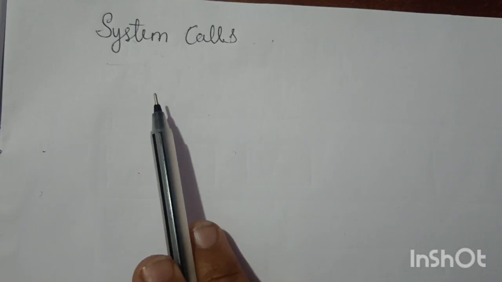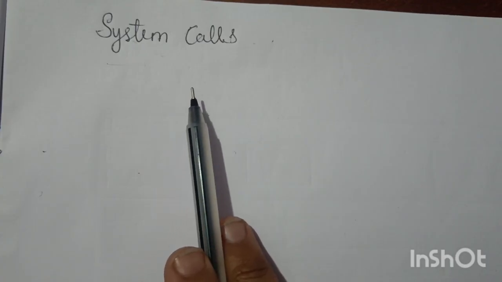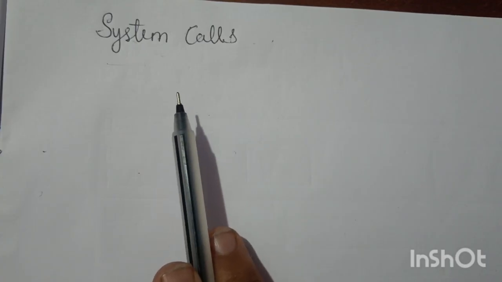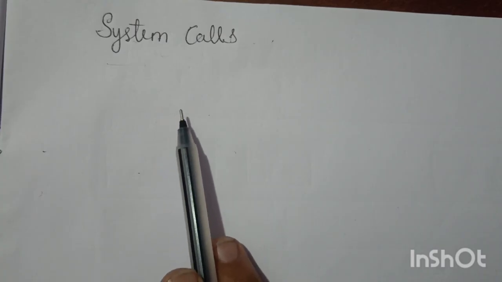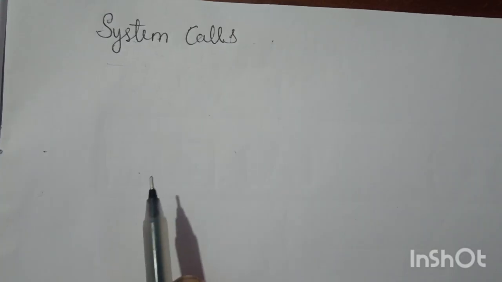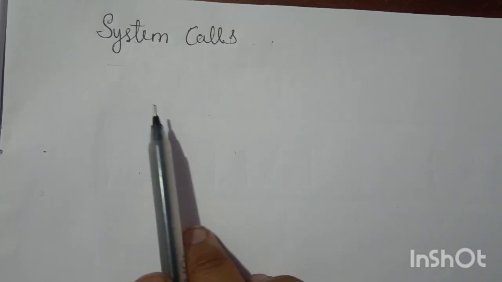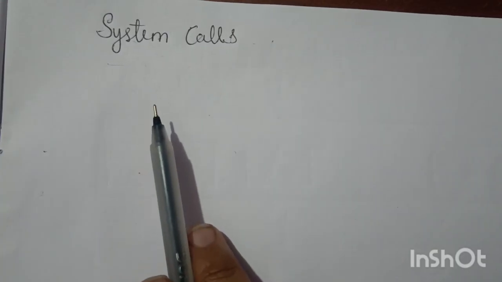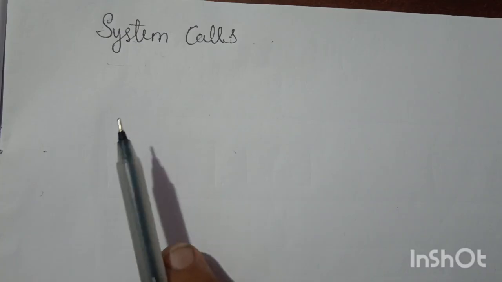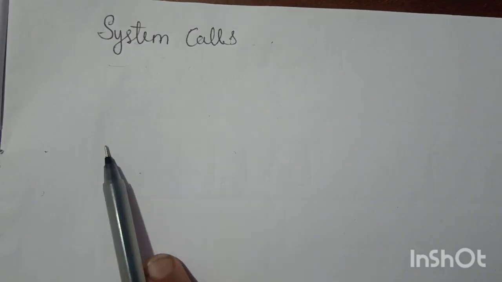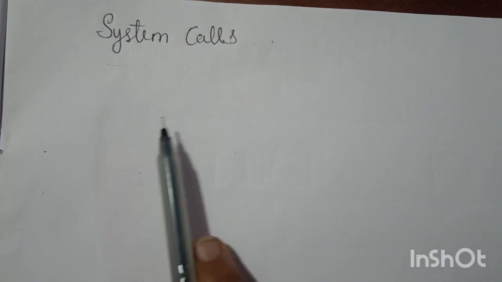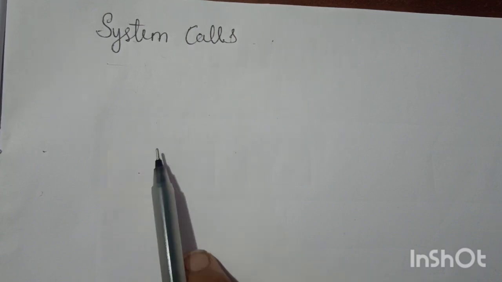The first point that you have to write is the definition. It says that it provides an interface to the services made available by an OS. That means a call. Now for an example, as I had taken an example in the previous video, your mom is calling you while you were reading a novel.